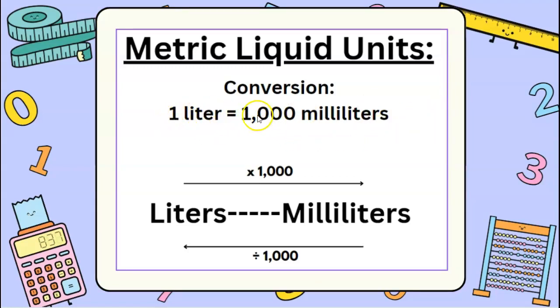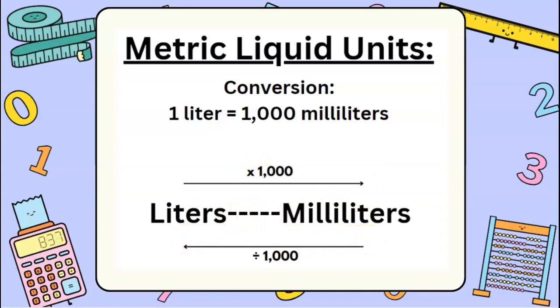Since 1 liter is equal to 1,000 milliliters, I can use that power of 10 principle when I'm converting my metric units. When I'm going from liters to milliliters, I'm going to multiply by 1,000. When I'm going from milliliters to liters, I'm going to divide by 1,000.